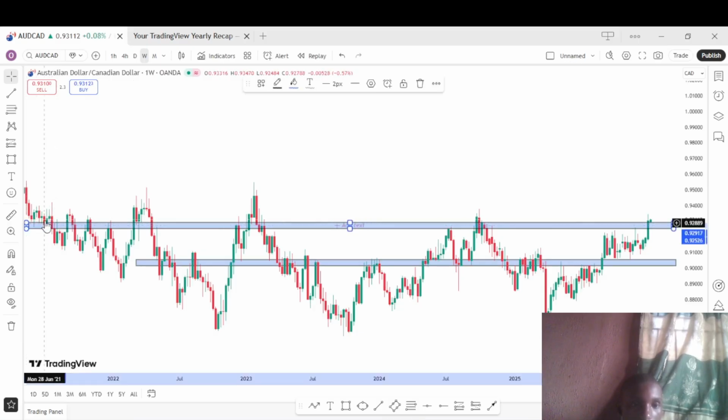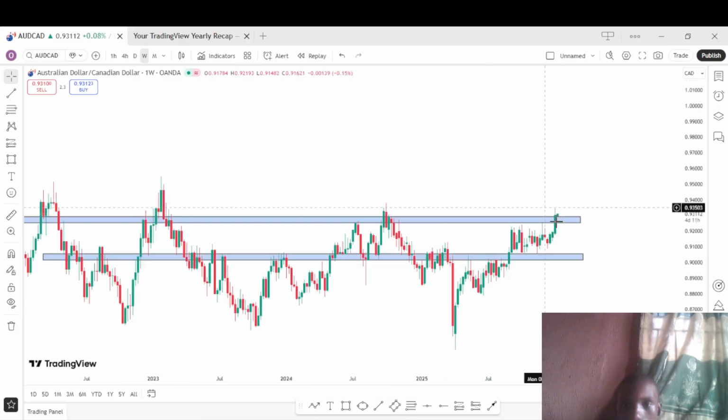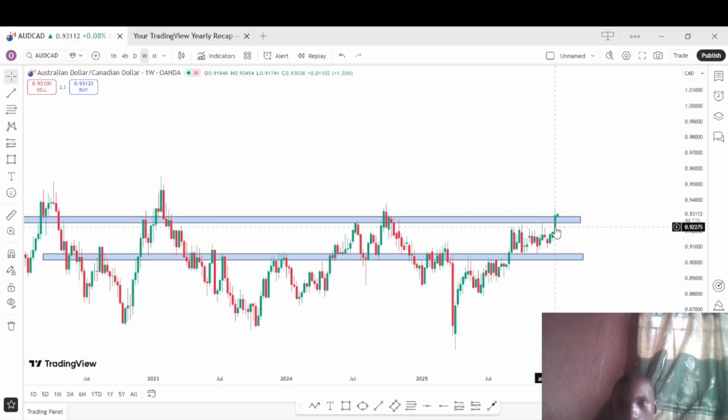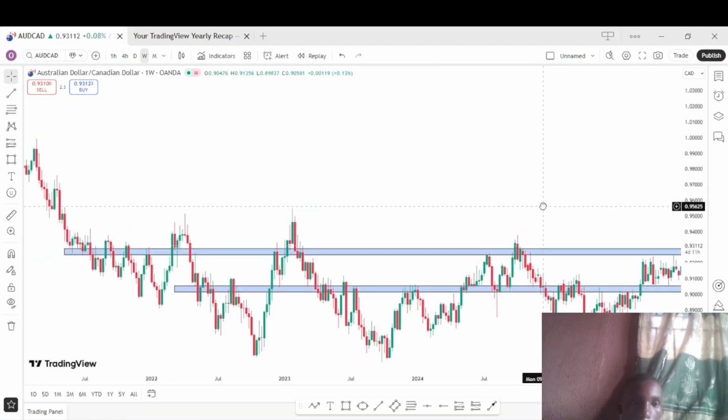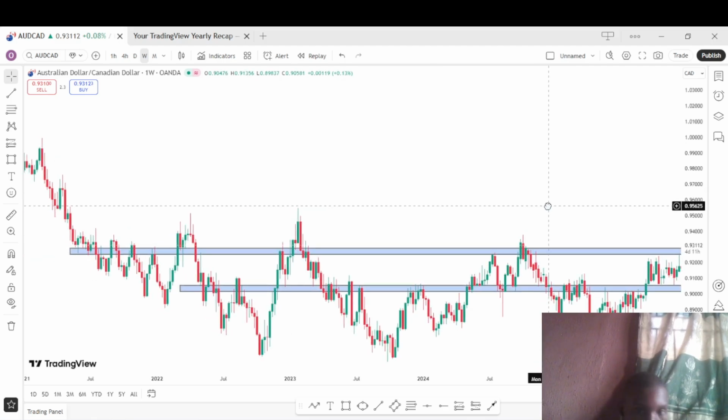The market reacted at this point, came here, reacted here, reacted here, reacted here also. And there is a likely possibility that the market will still come and react at this point, probably break it and retest this zone. So where do we plot our third one?